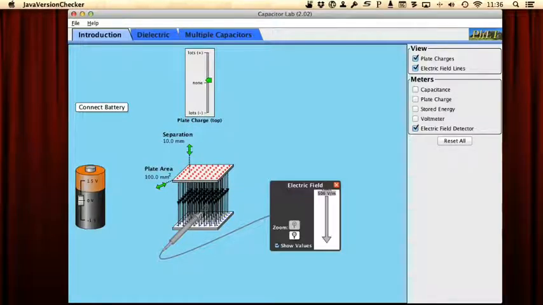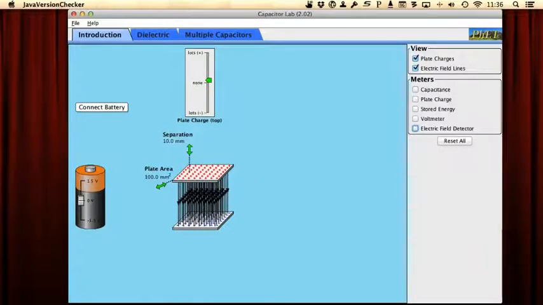Now, one way to think about this is if you consider the plate, I'll take the charge down to quite a small value. If you consider each charge on the plate creating one of the field lines, that's one way to think about this. It makes sense that as I add more charge, I have more field lines.